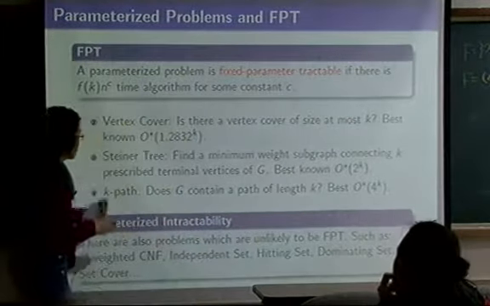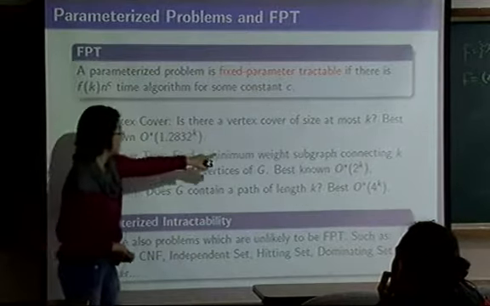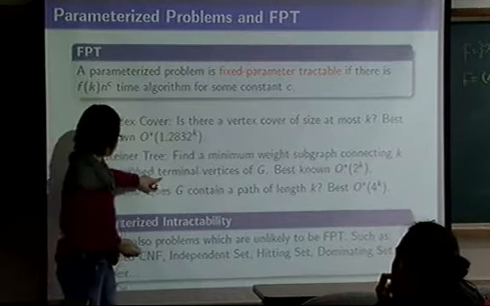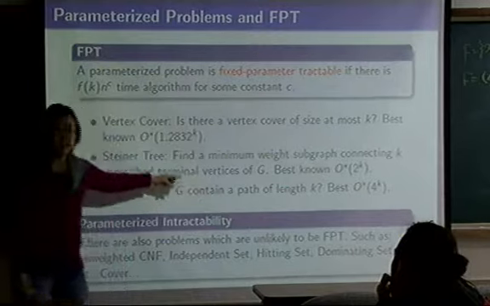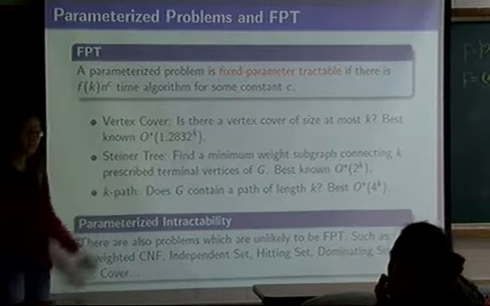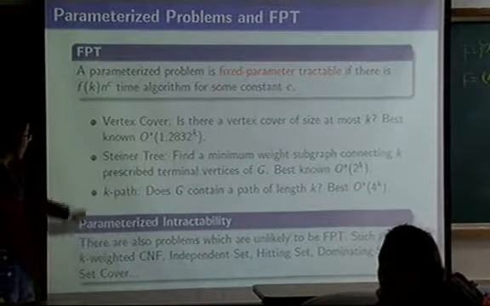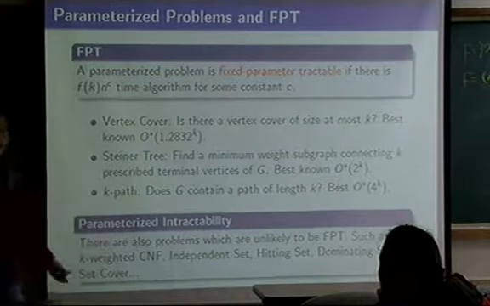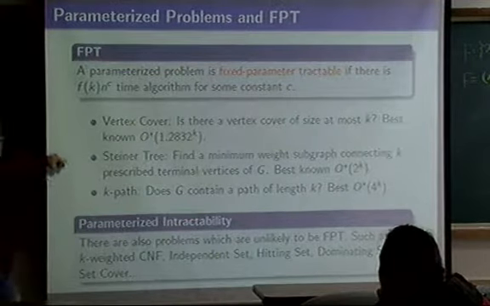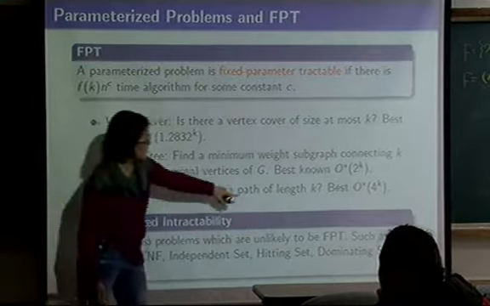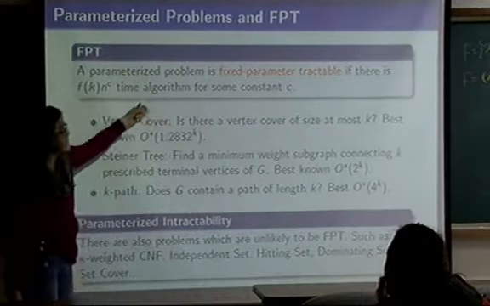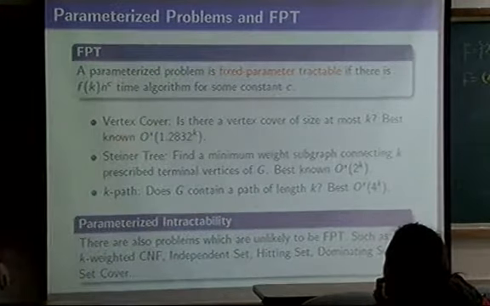So if you parameterize it by the number of terminal vertices, then it's a fixed parameter algorithm. The k-path problem is again fixed parameter. So it's a fixed parameter tractable problem.